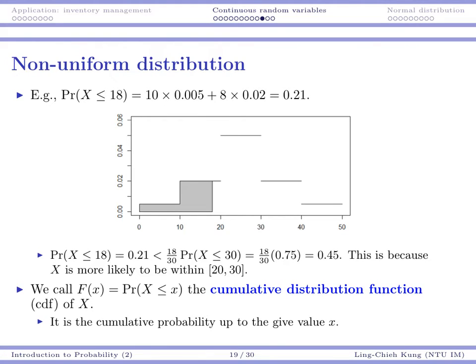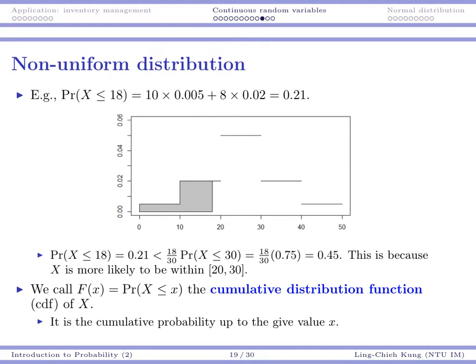Now we can have one observation. The probability for x to be less than 18 is just 21%, right? But the probability for x to be less than 30 is actually 75%. And we can see they are not proportional. 18 and 30, the ratio is 18 over 30, right?